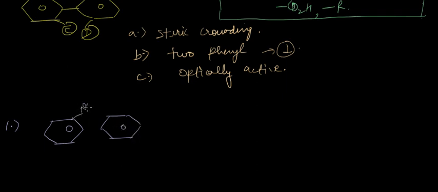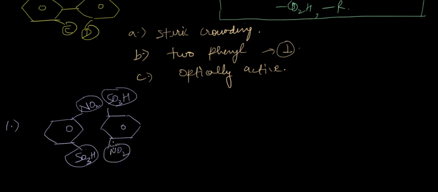We have NO2 here, we have SO3H here, and the same SO3H here also, and NO2 here. So this would be optically active. Why? Because the two phenyl rings are perpendicular to each other, so as to avoid the steric repulsion.